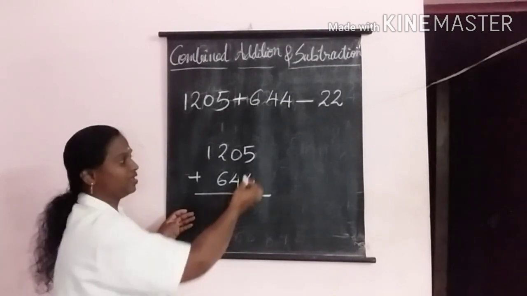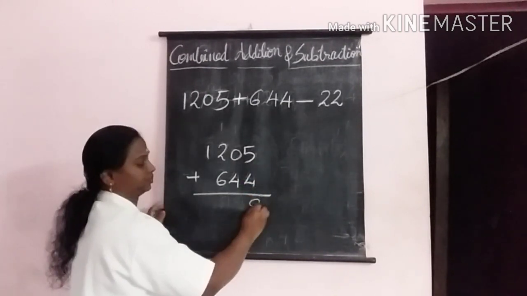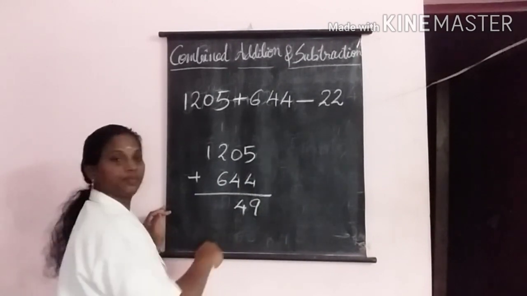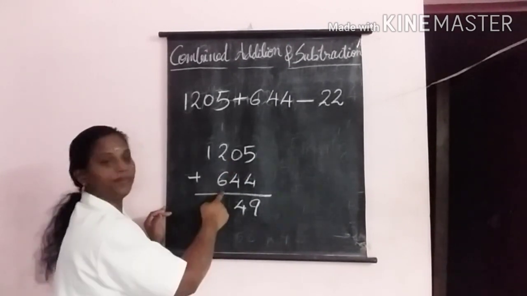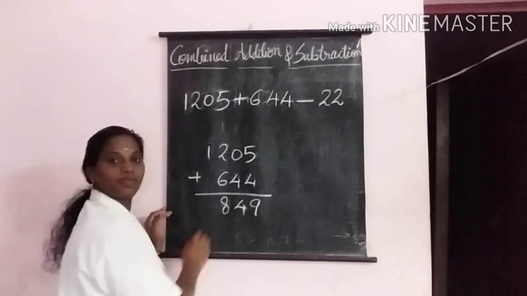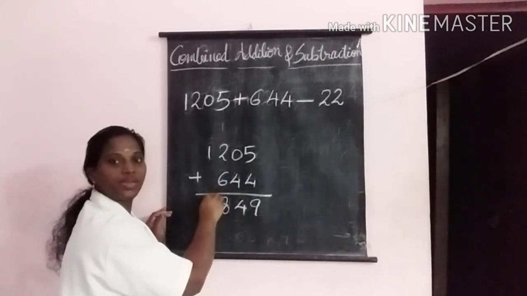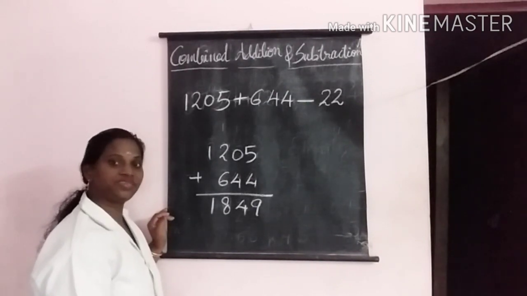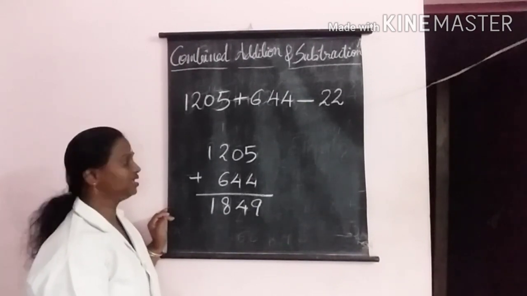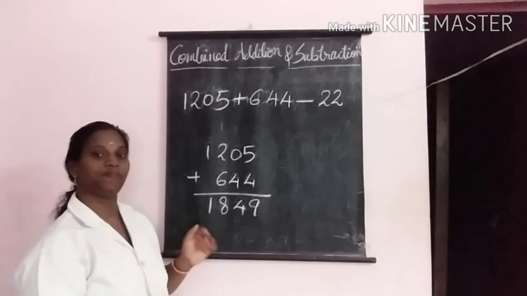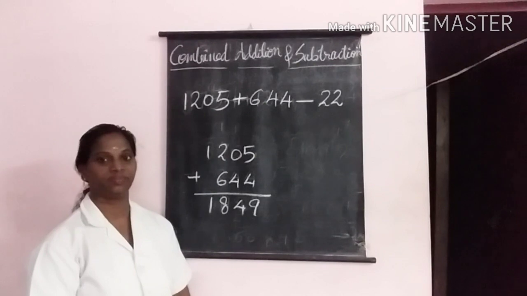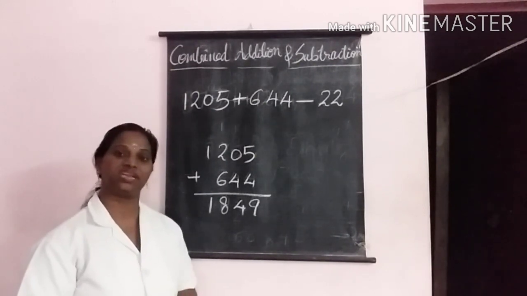Okay. Then 5 plus 4, 9, 0 plus 4, 4, 2 plus 6, 8, then bring down 1. So, when we add 1,205 and 644, we will get 1,849. Then, what is our next step?